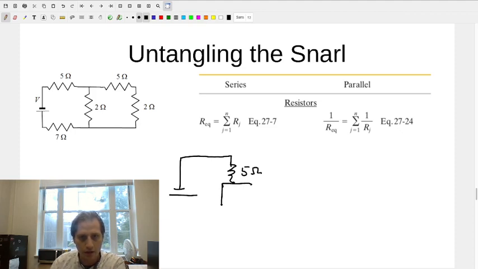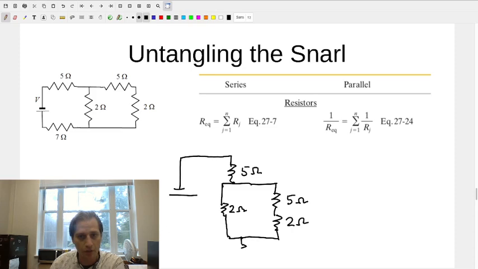And then I have 2 ohms. And then here and here are going to be 5 ohms and 2 ohms. Okay, and then finally at the bottom I'm going to put 7 ohms.